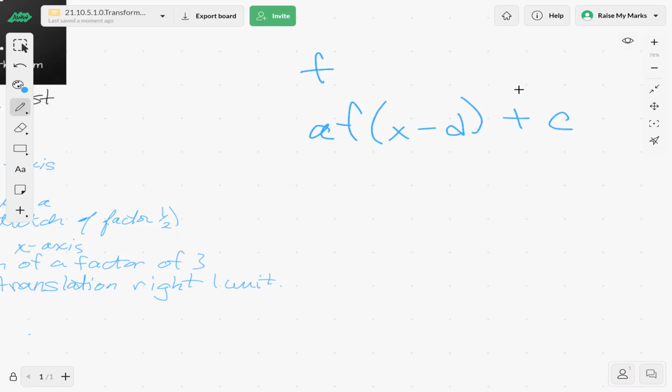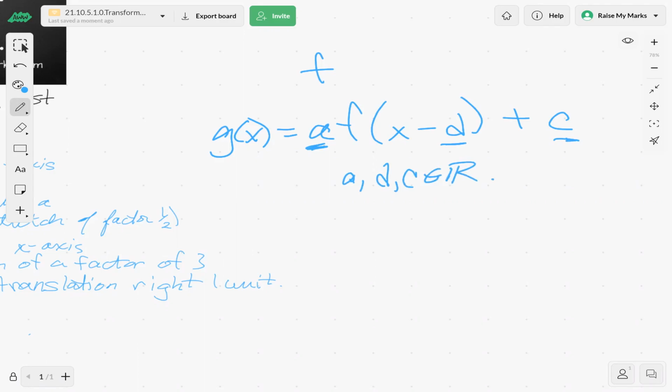Let's stick with this for now, because I think we're dealing with these types of transformations. If we have a function f and we perform transformations on it, a, d, and c are real numbers.